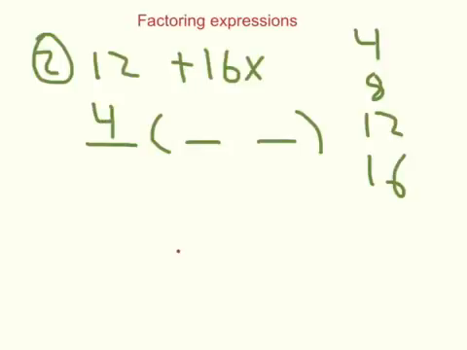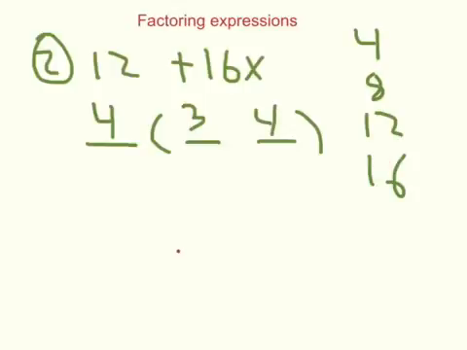Now your next step is to figure out how many times your new factor can go into both of your numbers, and those go into your two blanks. So 4 can go into 12 1, 2, 3 times, so I'll write 3 there. And then 4 can go into 16 1, 2, 3, 4 times, so I write my 4 there.